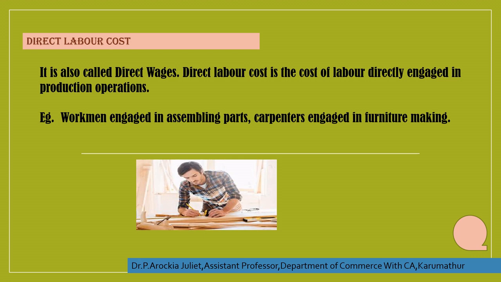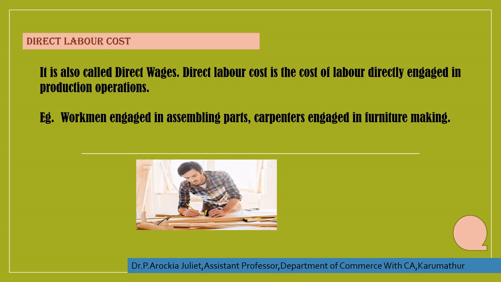Direct labor cost. When an organization directly engages employees to do particular production operations, how much amount they spend on employees to produce a particular amount of product is called the direct labor cost.